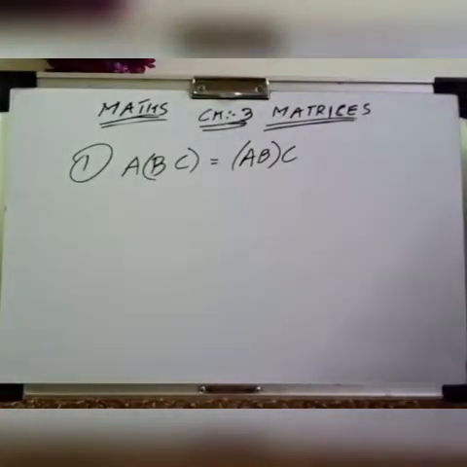That is, matrix multiplication is associative. Mind well, matrix multiplication is not commutative, right? The product of A into B is not equal to the product of B into A, right? So matrix multiplication is not commutative, it is associative, right?